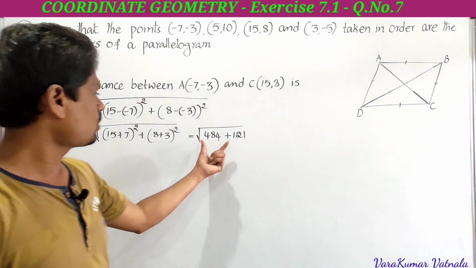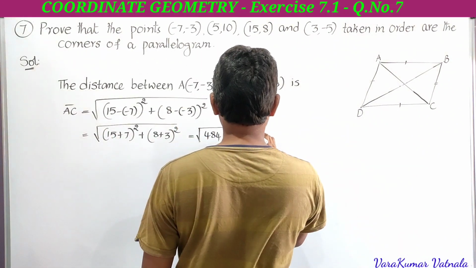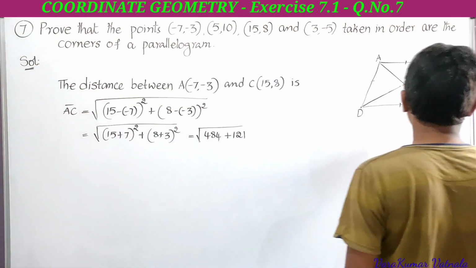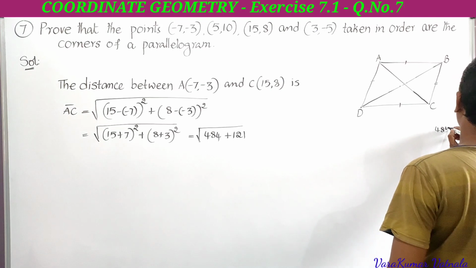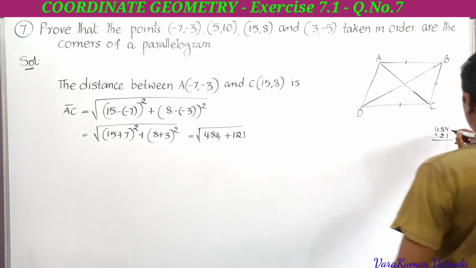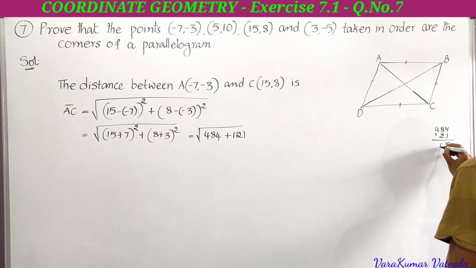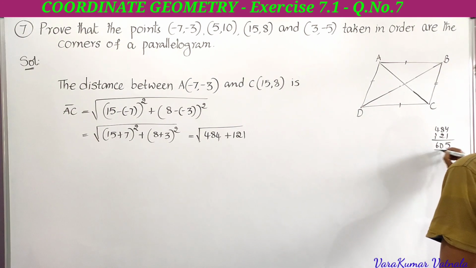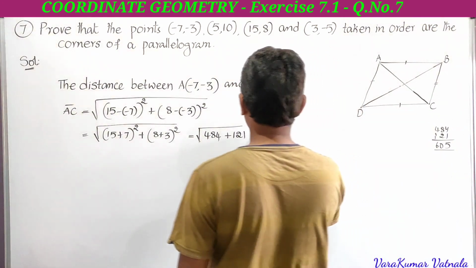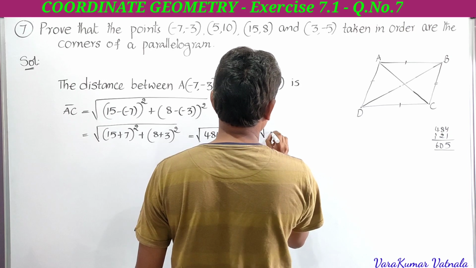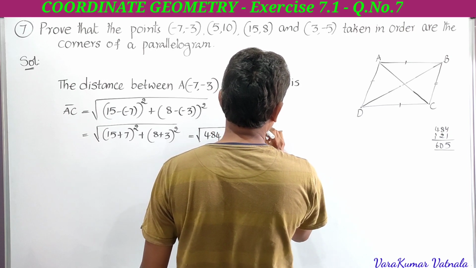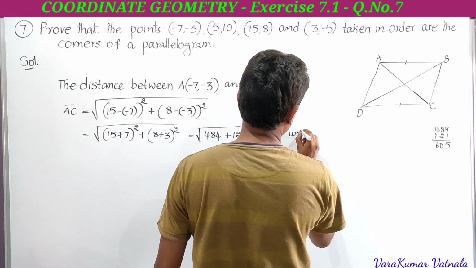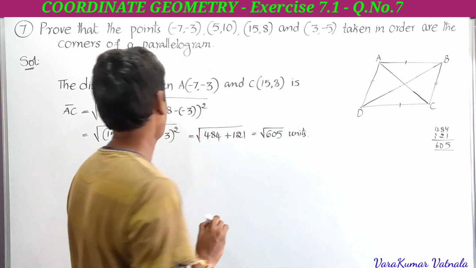Now we add 484 plus 121: 4 plus 1 is 5, 8 plus 2 is 10, so 605. Square root of 605 units. This is the length of AC.